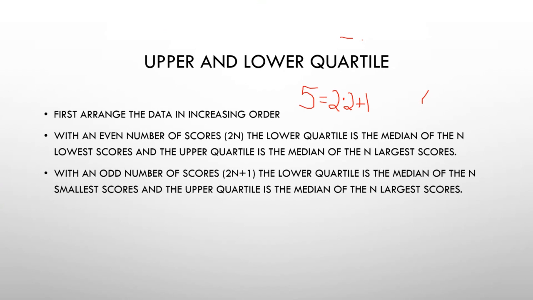Okay, so we have 5 numbers. Then your lower quartile is going to be the median of the 2 smaller numbers, and the upper quartile is the median of the 2 bigger numbers. So basically, you just leave out the number in the middle. Okay?